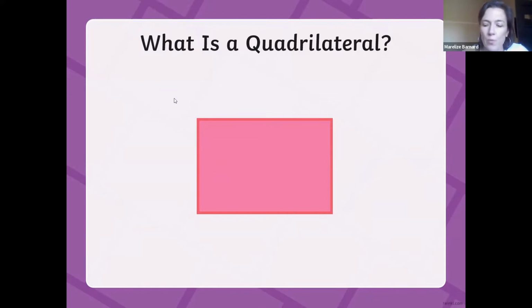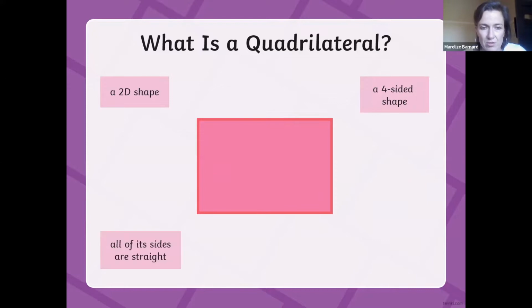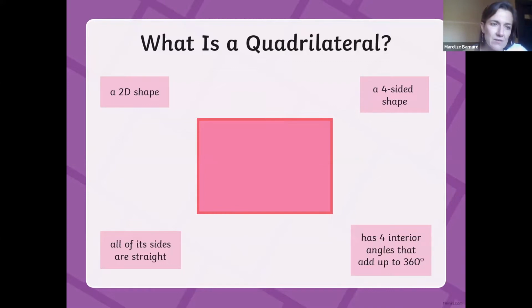Okay, so we can all agree, I think, that it is a 4-sided shape in 2 dimensions. So it's not a 3-dimensional shape. All of the sides are straight. That's important. And the 4 interior angles add up to 360 degrees. Feel free to take as many screenshots as you like of this presentation as we go along.